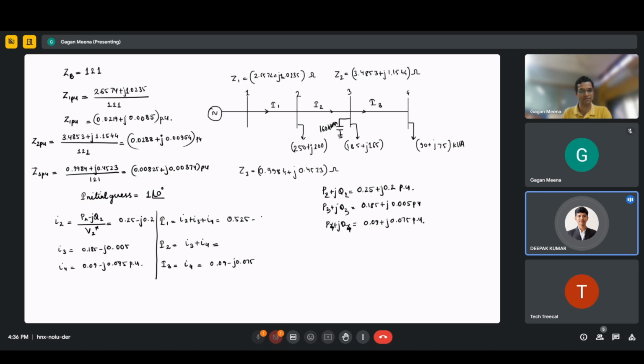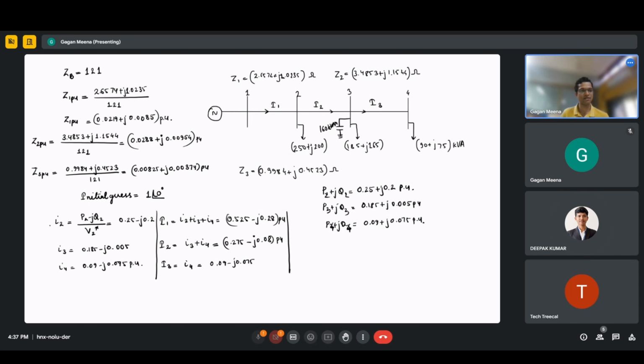Only at bus 3 the power will be subtracted. I2 is 0.275, and I3 is the same as I4.